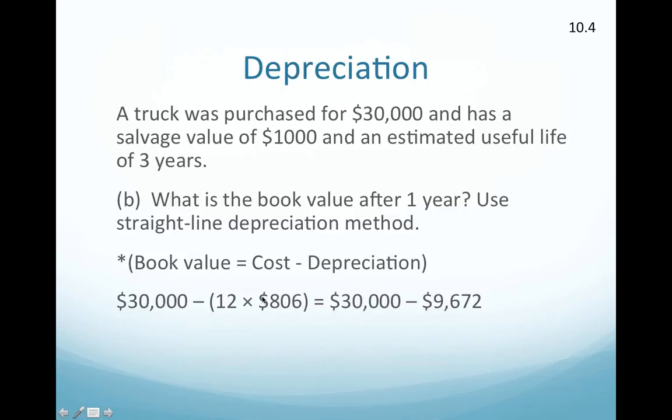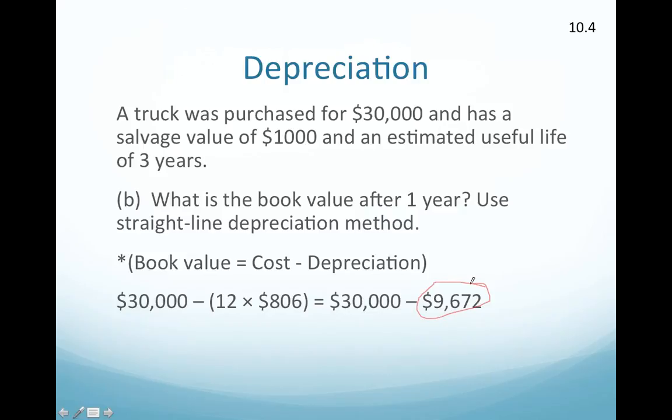Now the 12 times 806, of course, we knew that coming in was already this 9,672 because we figured out the annual price. And then, of course, if we took that 9,672 and divided it by 12, it would bring us back to the 806 for the monthly depreciation.